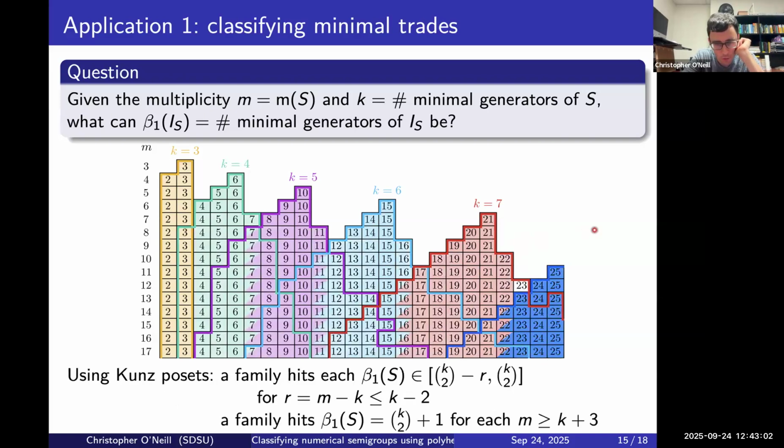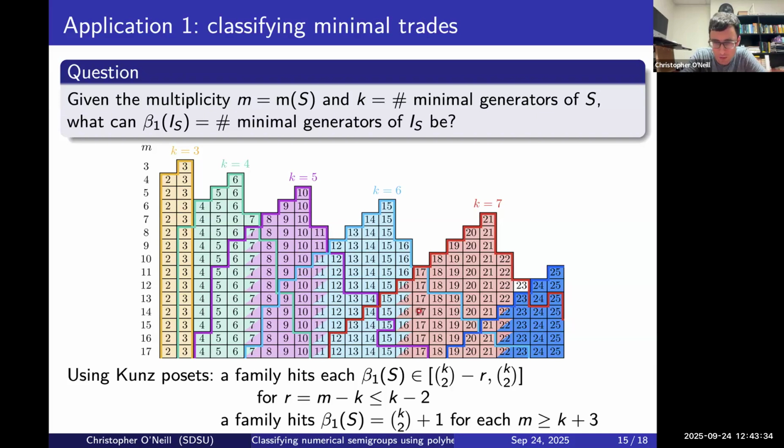It turns out Kunz posets are such a machinery. So using this Kunz poset machinery, we were able to produce families of semigroups that hit every filled in value you see here. So for instance, if m is 14 and you wanted to have exactly 16 minimal trades, we found a family that does this for k equals 7 and a family for k equals 6 that has exactly 16 minimal trades.